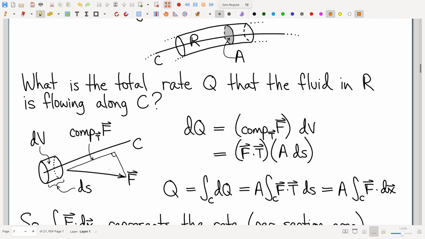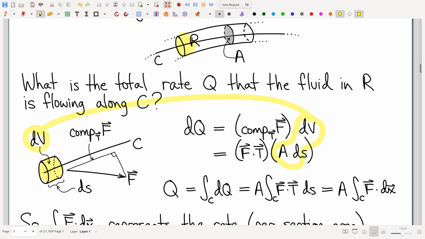So let's answer it. I'm going to look at some little piece of this fluid there. I'm just looking at a small little piece of my curve of length ds. That gives me a corresponding little piece of fluid. How much volume of fluid is it is an easy question to answer.